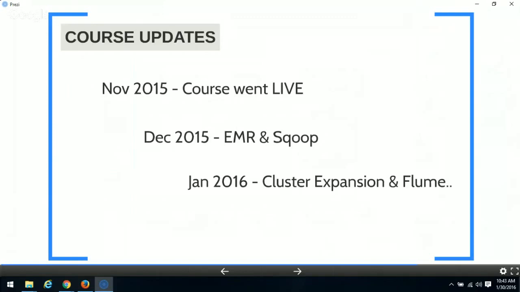So Flume is on the way, and in Feb 2016, next month, we will have Flume added to the course, and then we'll start working on a chapter on Oozie.